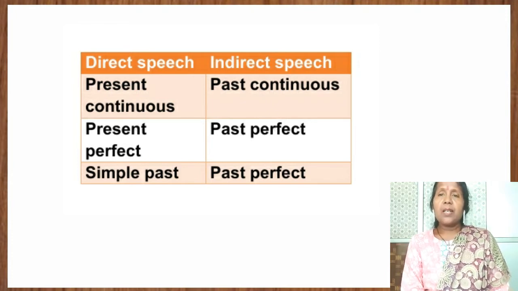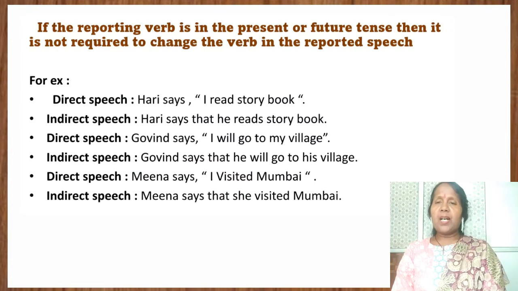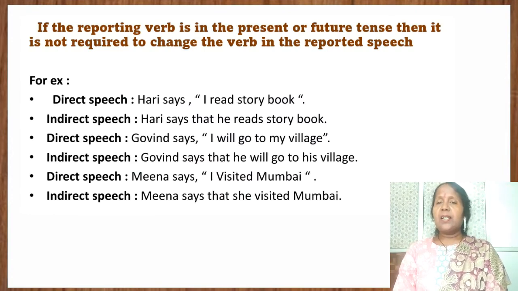Next, present perfect becomes past perfect. Next, simple past becomes past perfect. If the reporting verb is in the present or future tense, then it is not required to change the verb in the reported speech.